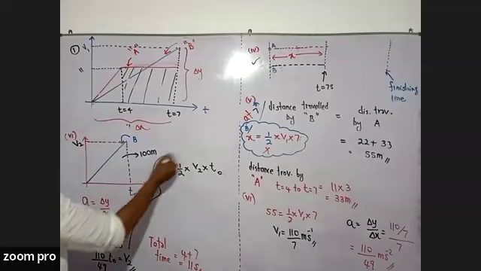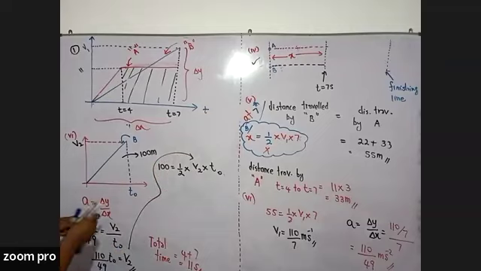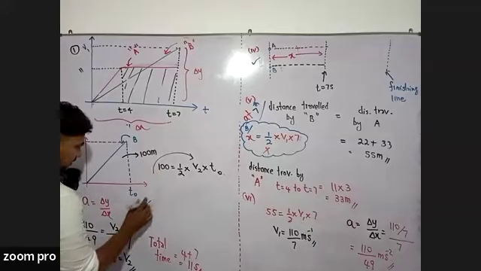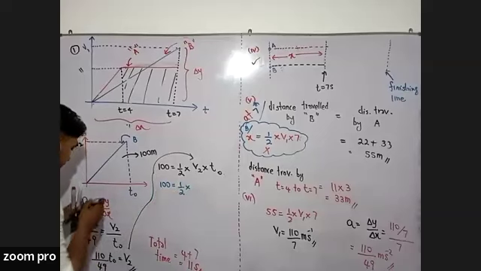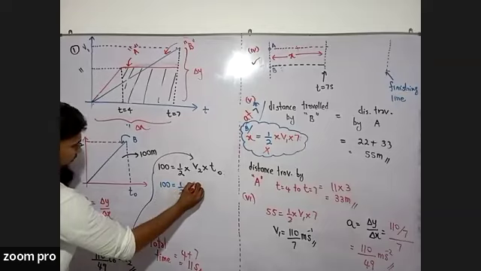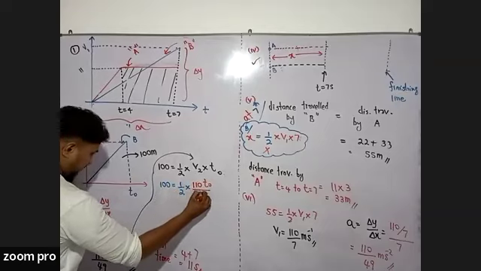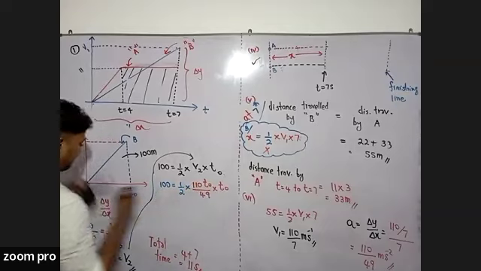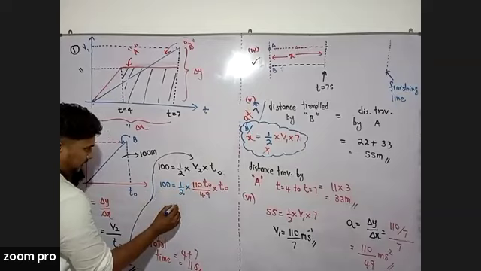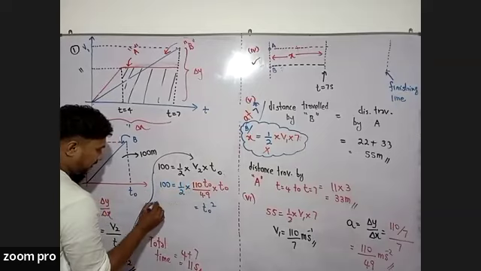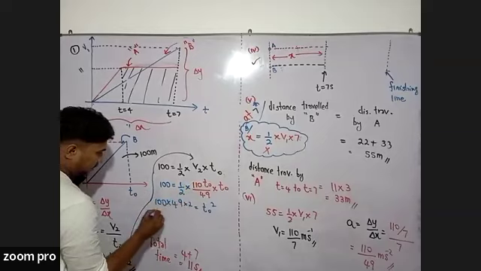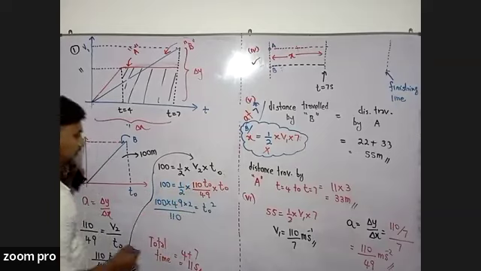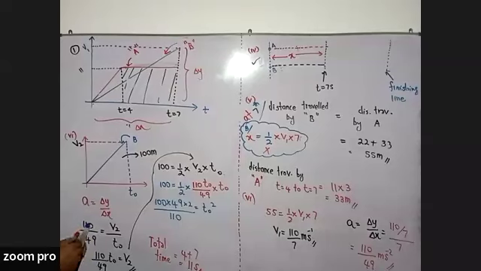So let's substitute this value into the obtained expression: 100 equals half into, instead of V2, let's substitute this, into T naught. So T naught squared can be obtained by this, so this is the answer.